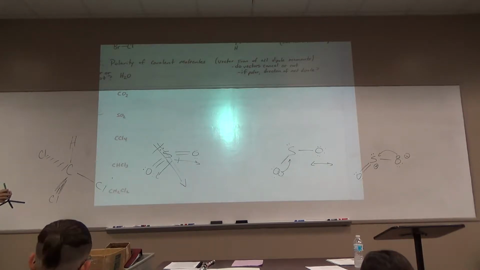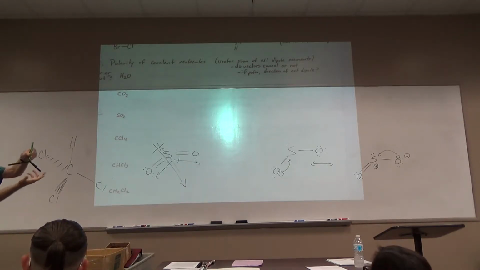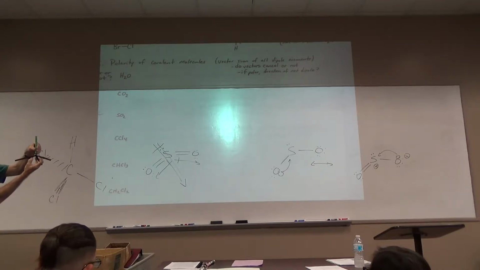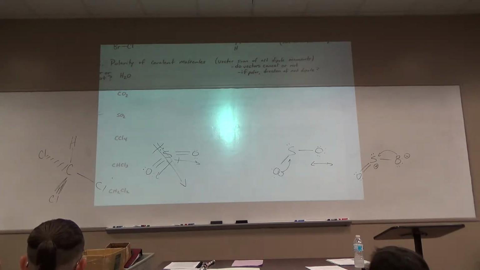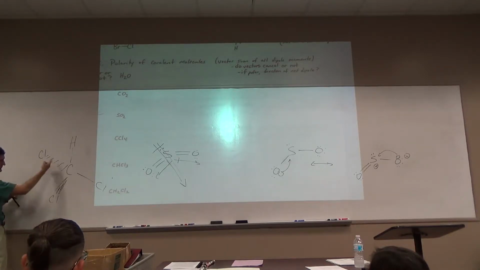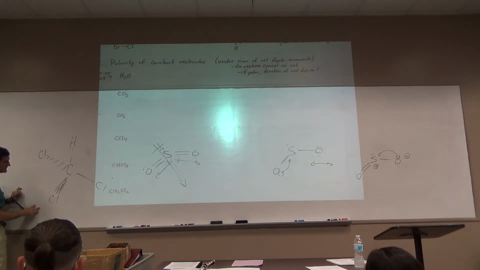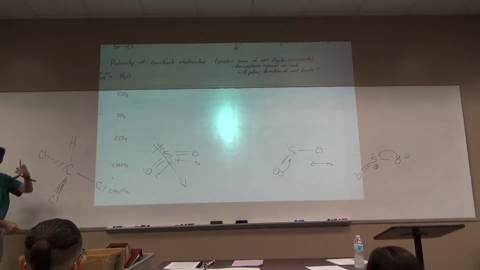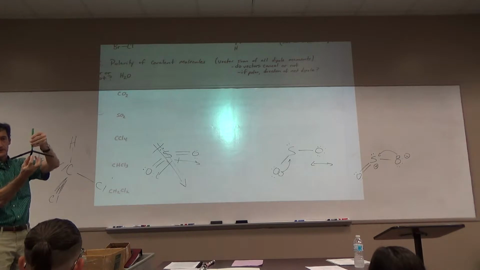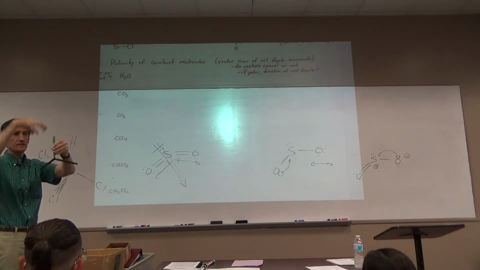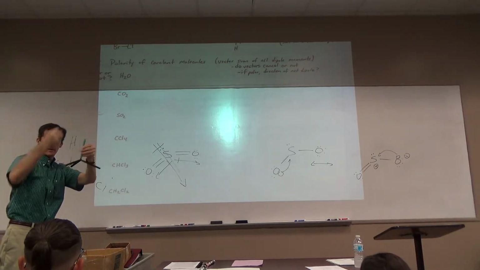Forget about it. Nothing here. 3 chlorines straight down, summing up to have 1 molecular dipole straight down. How would you show that through here? It's a little bit difficult in a 2-dimensional drawing. Right? It's much easier to see it here, yeah? It's straight this way, leaving this up here partial positive.